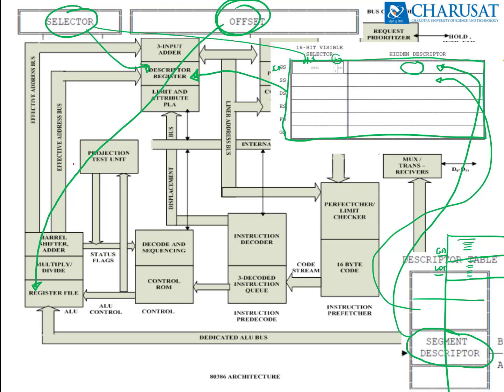So every time the microprocessor does not need to access memory, it can get the 32-bit base address directly from this hidden descriptor. We will see in the next slides. It doesn't need to access the descriptor table frequently. So to reduce the number of memory accesses, they have included the hidden descriptor, which is part of the code segment register, data segment registers, or descriptor registers.